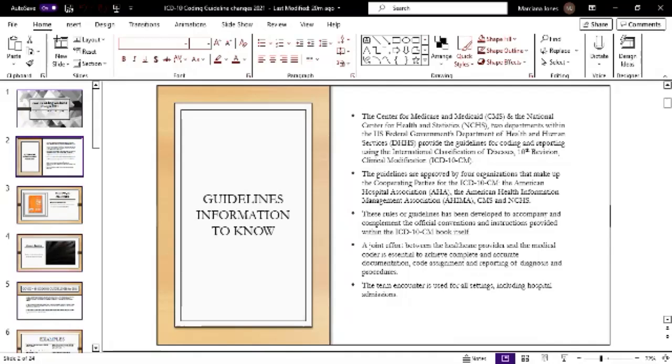Now, a joint effort between the healthcare provider and the medical coder is essential to achieve complete and accurate documentation, code assignment, and reporting of diagnosis and procedures. The term encounter is used for all settings, including hospital admissions.